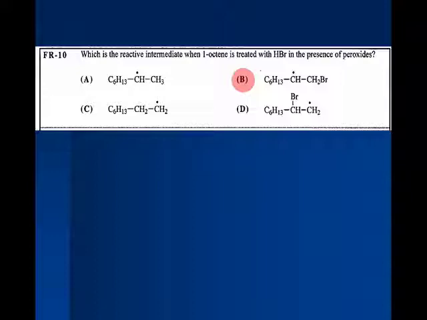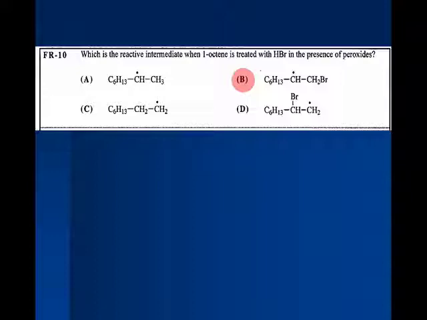Here we don't go through a carbocation intermediate, and the bromine radical adds to the alkene first and generates a radical intermediate. And we know that it can either attack the number 1 carbon or the number 2 carbon. If it attacks the number 1 carbon, you end up with B as the intermediate. If it attacks the number 2 carbon, you end up with D as the intermediate.